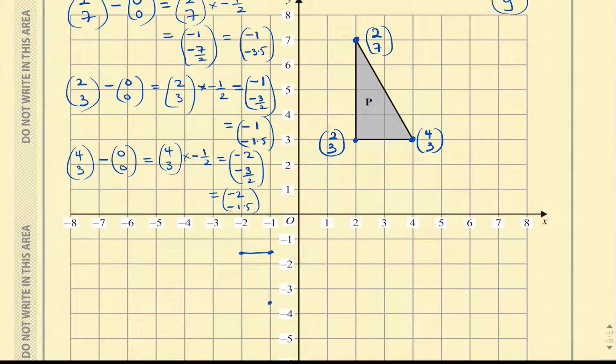Then we draw our triangle, and draw that one, and then draw this one here. So that's our new triangle, and we can call that Q.